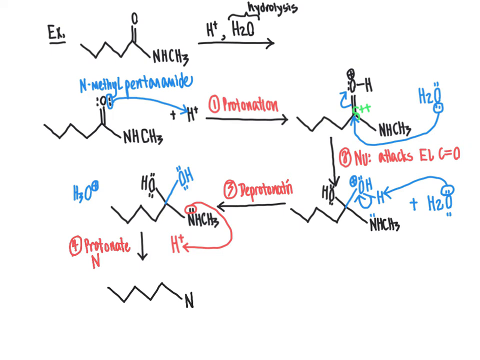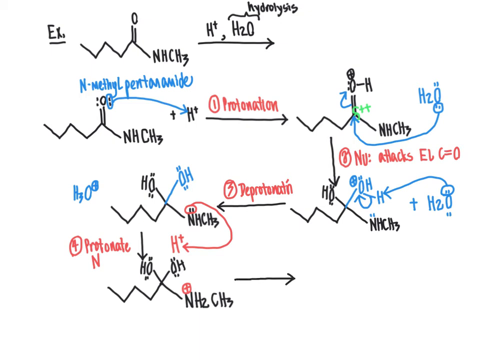We'll have NH2CH3 and a positive formal charge now on the nitrogen, because nitrogen now has 4 covalent bonds to it because it has 2 bonds to carbon, 1 to the carbon chain, 1 to the methyl group, and 2 to the hydrogens. We also have still our 2 hydroxy groups. We haven't done anything to those, so I'll plug those in. Hydroxy group, hydroxy group. And now onward to our next step.